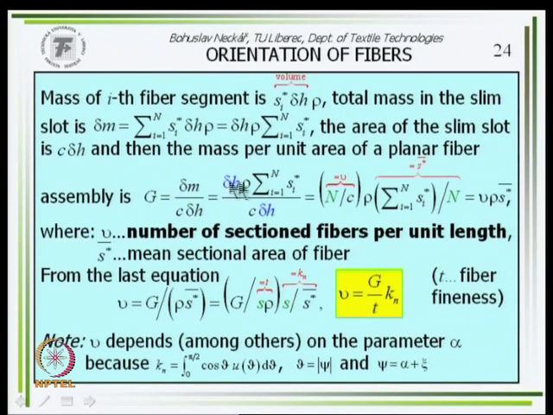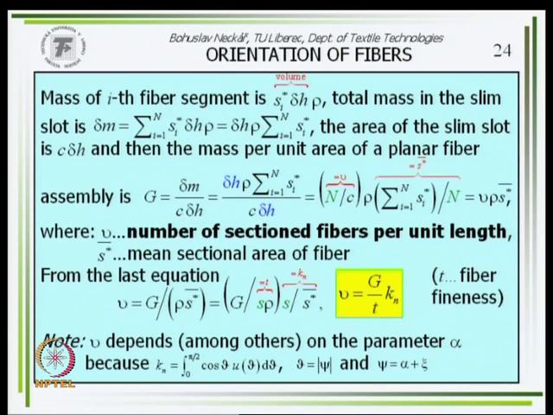Okay, for delta M we have this expression, C times delta H stays here. Delta H is here as well as in the denominator, so I can write this relation. But nevertheless, I can multiply and divide by N, the total number of fibers in our slot.